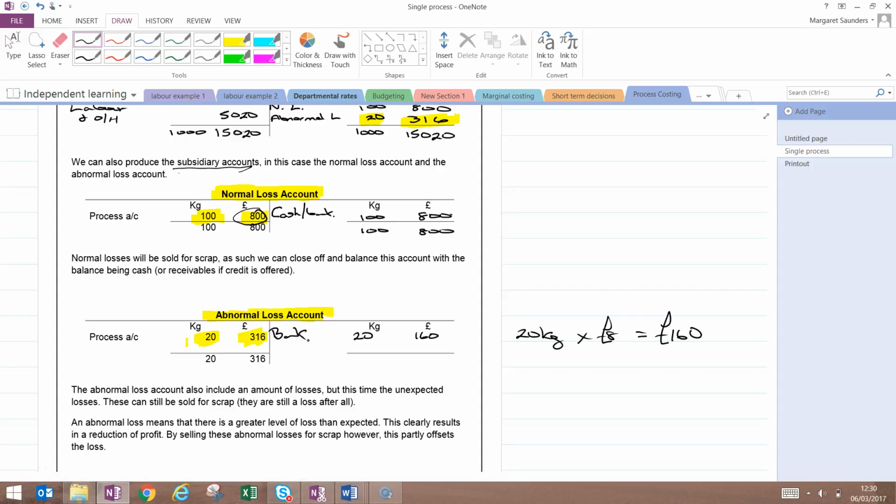Now you will notice we haven't yet cleared off our abnormal loss account. There is a balance because we've got 316 on the debit side and we have 160 on the credit side. The balance gets transferred to your profit and loss account or your income statement.